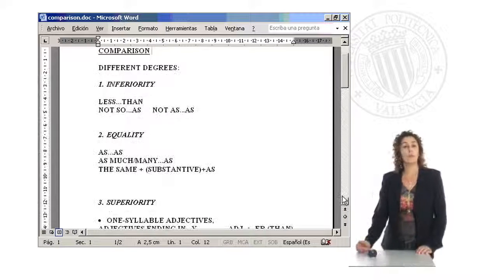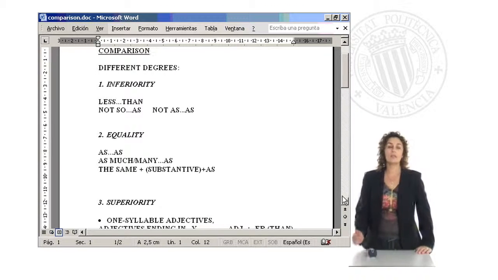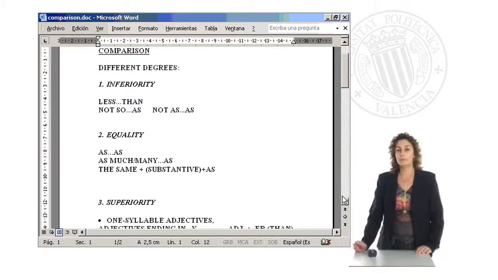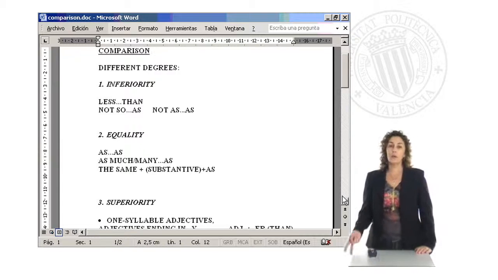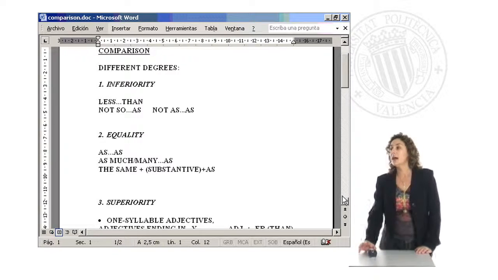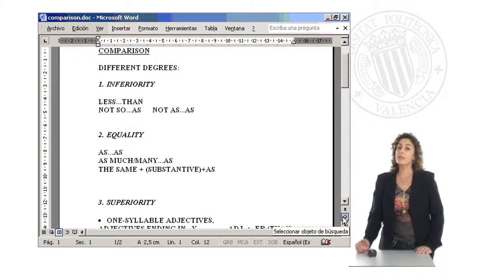Another way of expressing comparison, when we contrast two objects or people, is equality. That means that you are comparing and saying that two things or people are equal. To express equality, we use the structure "as".